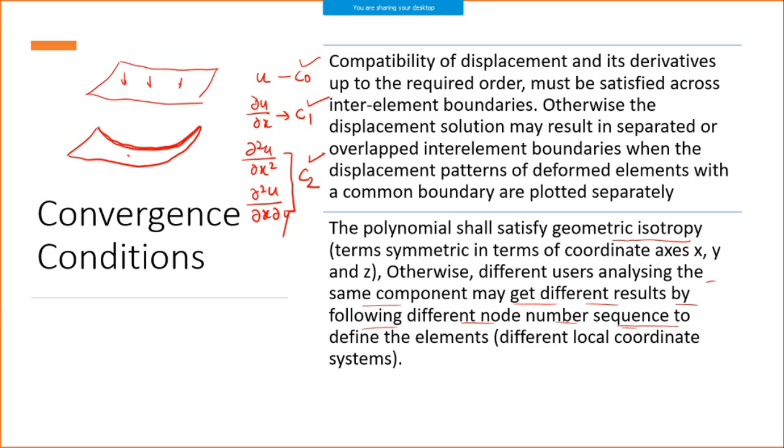That's why geometric isotropy should be taken into account. And these are the five convergence criteria, a minimum of five. There may be more convergence criteria, but these are the basic criteria that should be satisfied whenever we model.